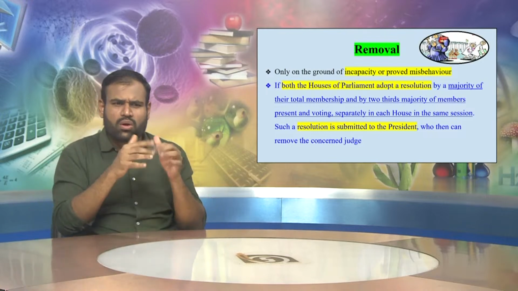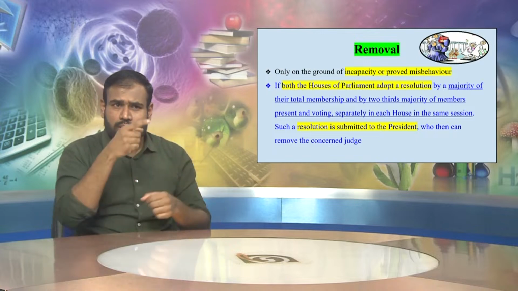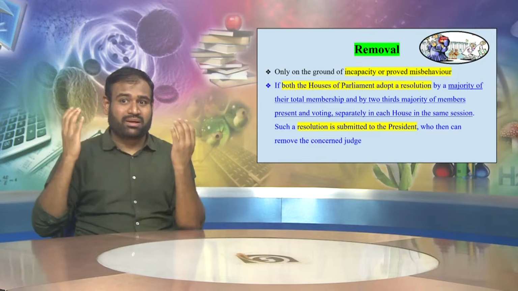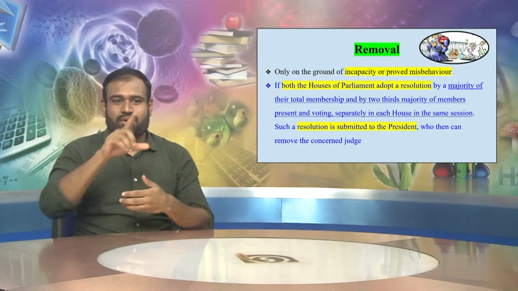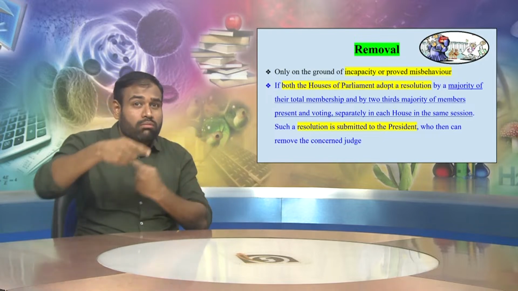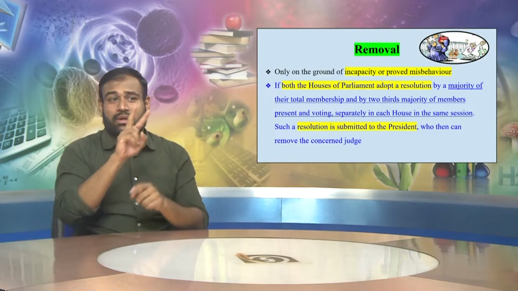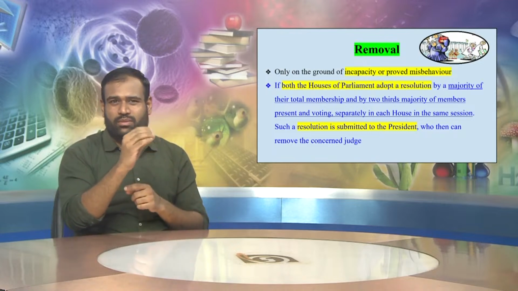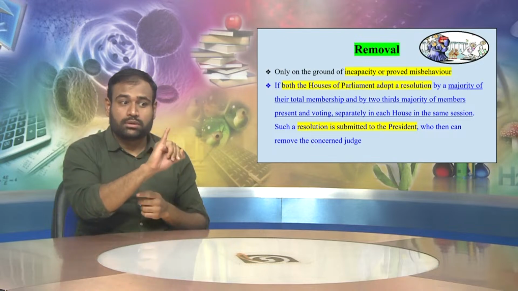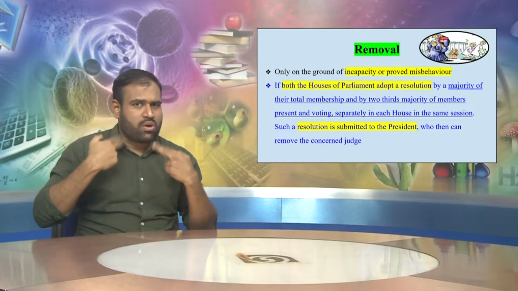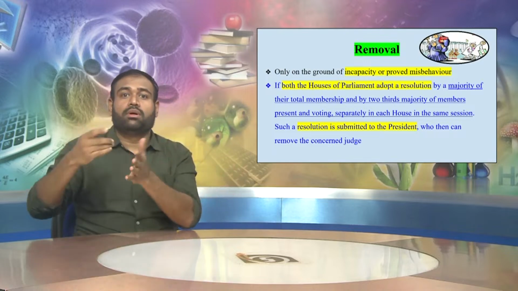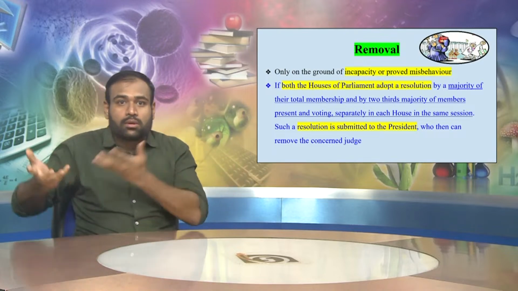If both the houses of Parliament adopt a resolution by a majority of their total membership and by a 2/3 majority of members present and voting separately in each house in the same session, such a resolution is submitted to the President, who then can remove the concerned judge.